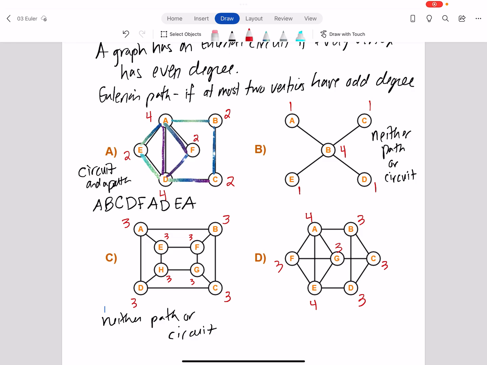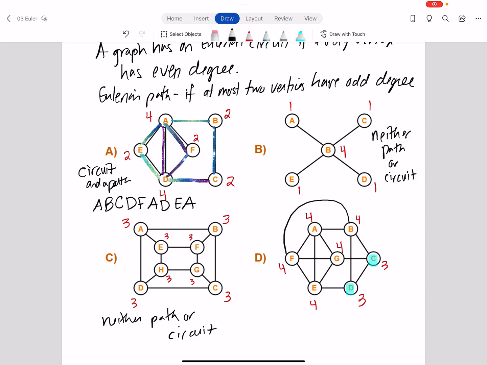So if we had an extra edge in here, we could add an edge, for instance, from, this vertex G has degree 4. If we added an extra edge, for instance, from vertex F to vertex B, then what that does is changes the degrees of these vertices to 4 and 4. So now what you notice is that there are two vertices of odd degree.